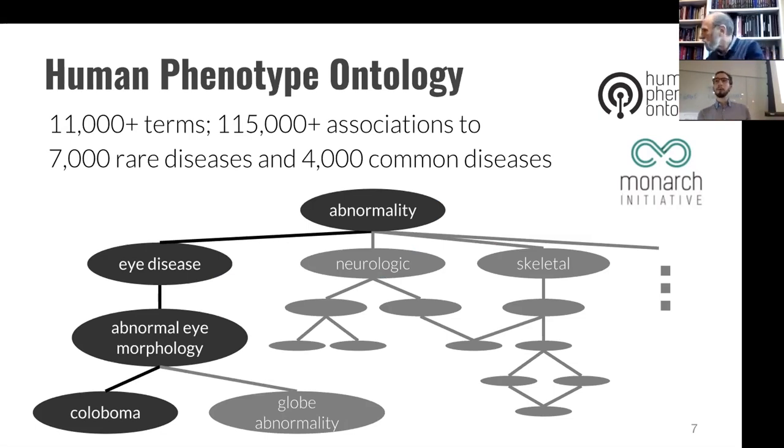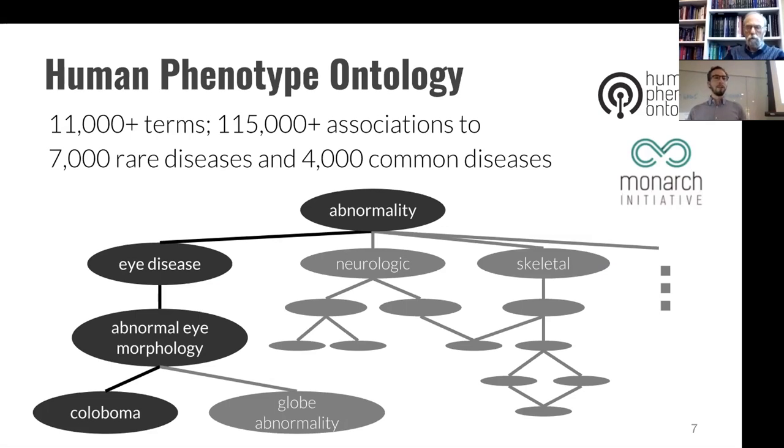It has to be valuable and useful from a clinical perspective, and from a computational perspective. A lot of terminologies and ontologies are usually one or the other and rarely both. This has become the gold standard for describing patients with rare genetic diseases on the research side and is increasingly being used on the clinical side.